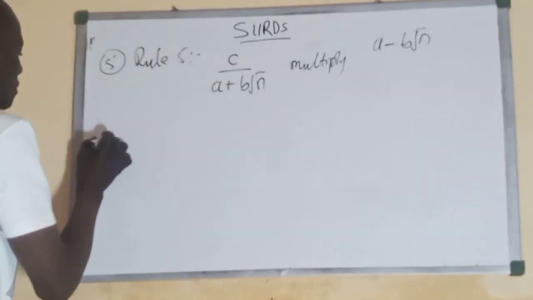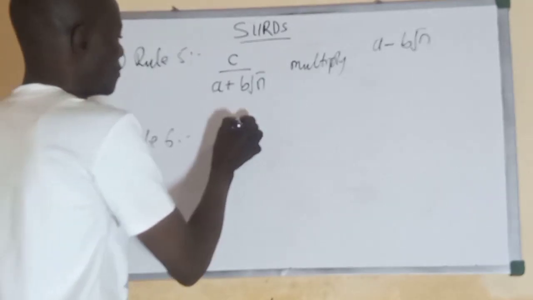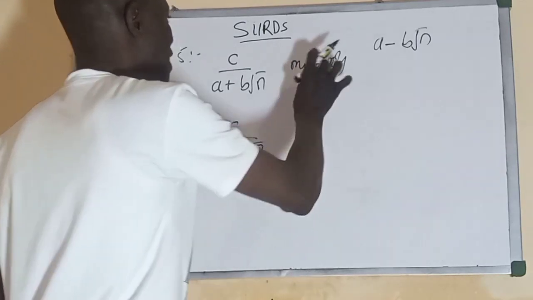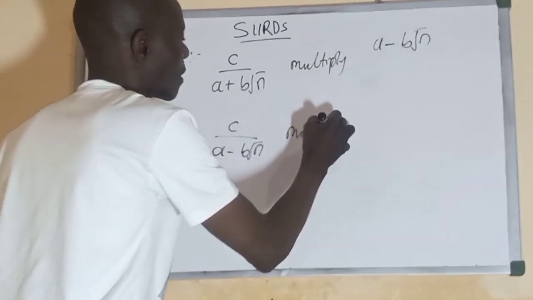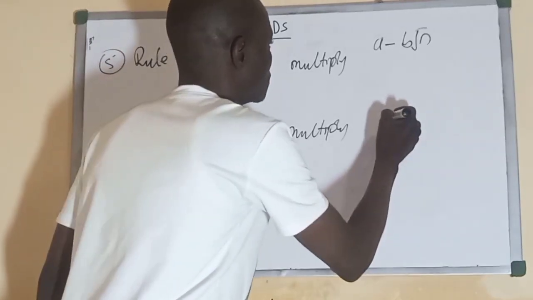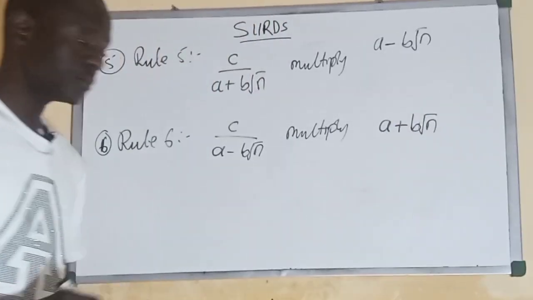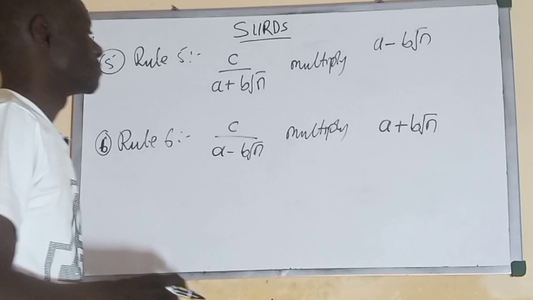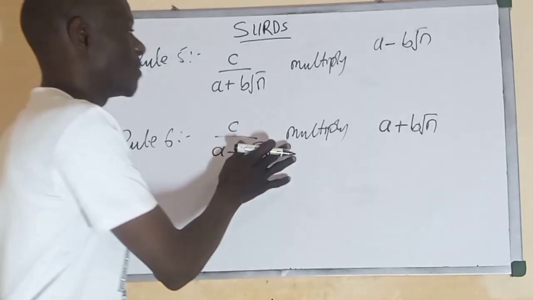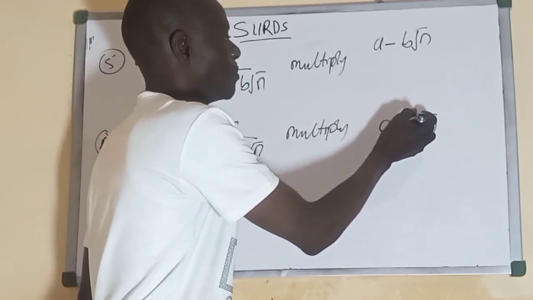Rule number 6 says when you have c all over a minus b root n, you multiply the numerator and the denominator by a plus b root n.